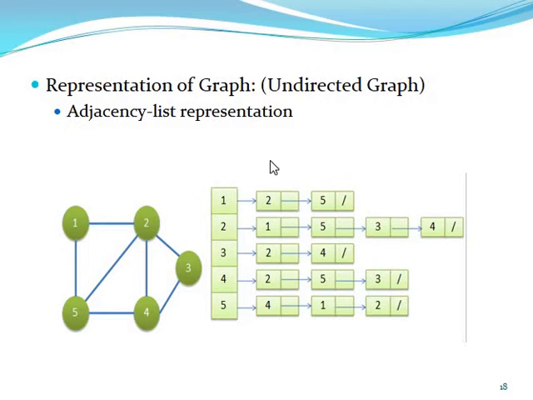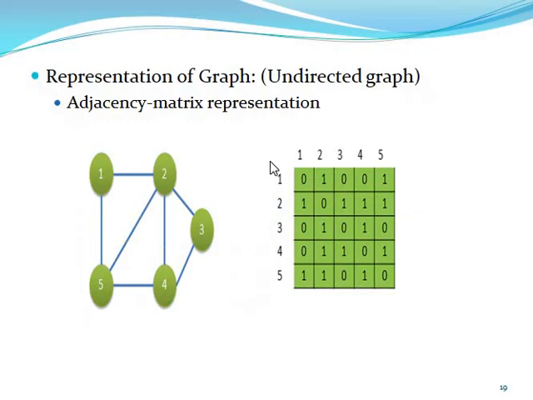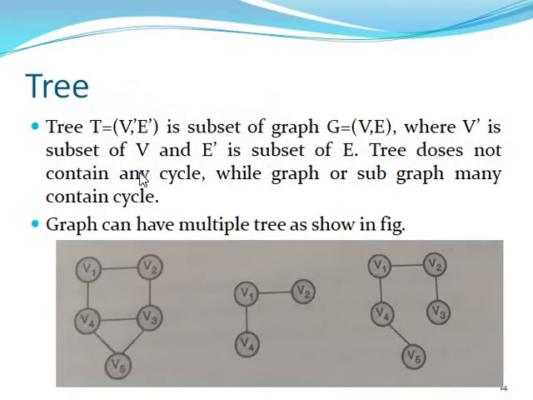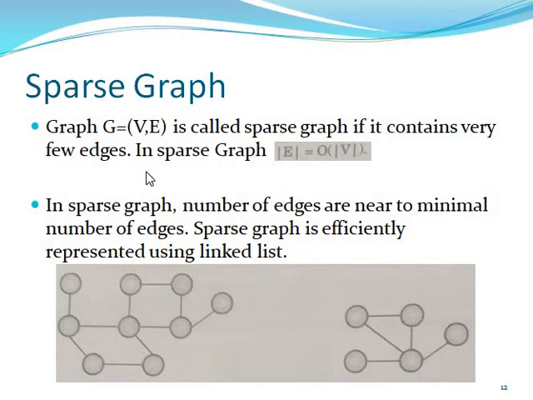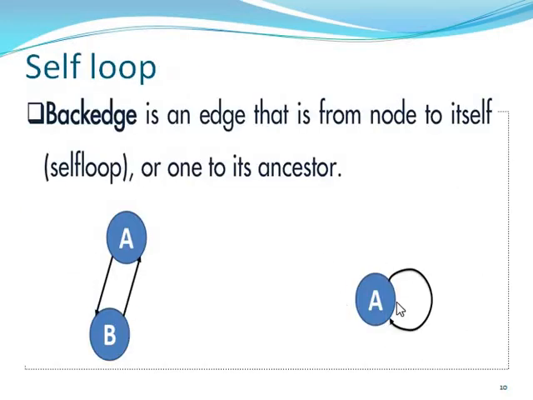Now we represent the matrix. How can you represent the matrix? Here not every node or every edge is denoted for the self loop. It means you have seen this is called the self loop. Here we can show this is the self loop.